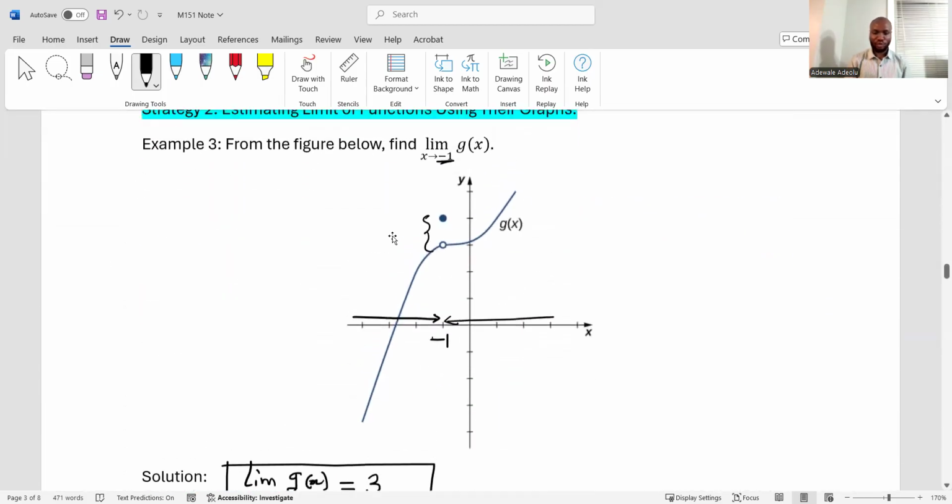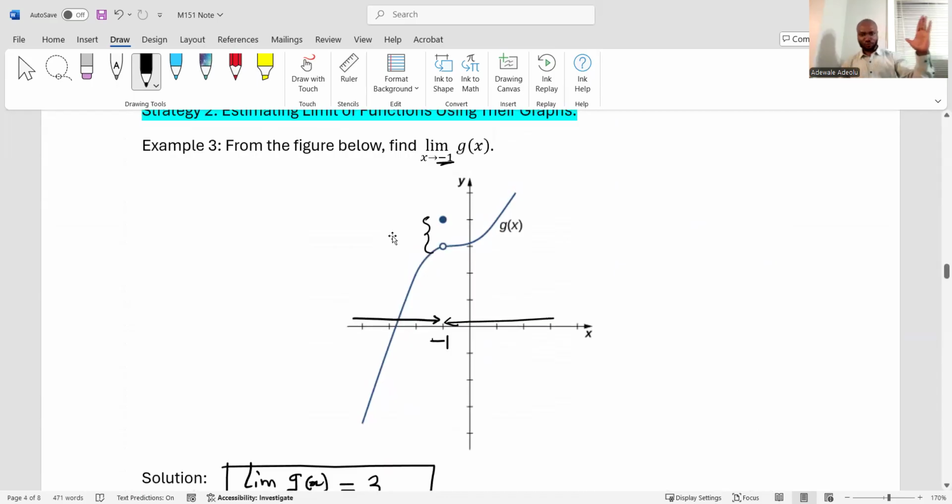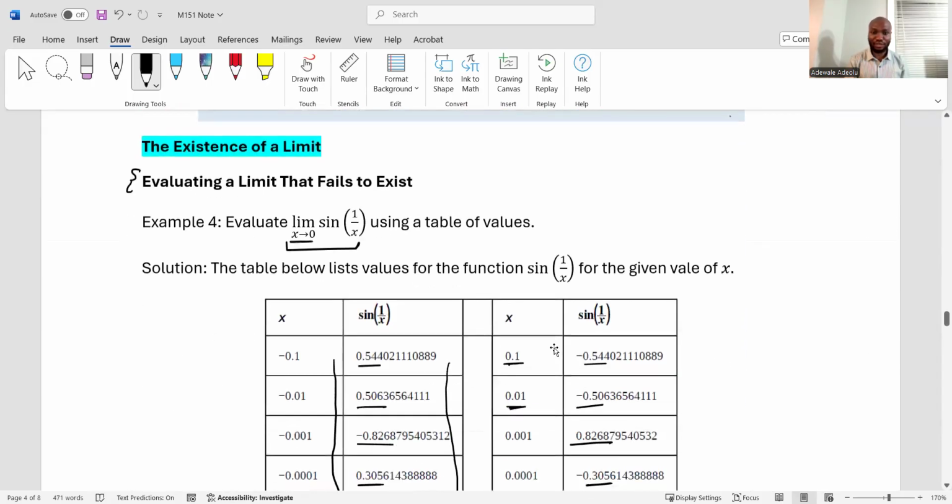Also on the graph, we can see as we move from this side, the graph is trying to get to this particular y value, which is 3. We make our claim. But now we are talking about one-sided limits.